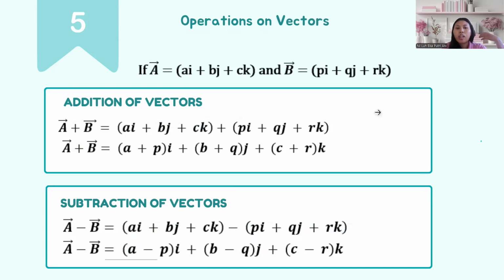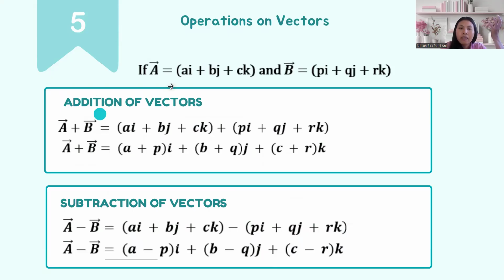Next, let's move on to operations of vectors. Now, we can perform various operations on vectors by taking a geometrical approach or a coordinate system approach. The various operations on vectors are, first, vector addition. The addition of two vectors, vector A and vector B, is given by adding their corresponding components.